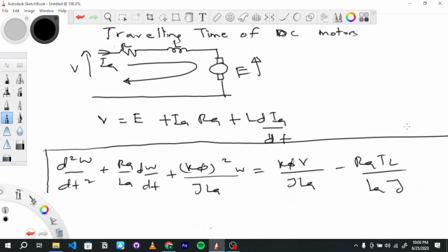This is a second order non-homogeneous equation that we are supposed to solve. First, you solve the homogeneous part, which you equate to 0 and solve it, and then you move on. Let's take a numerical example.